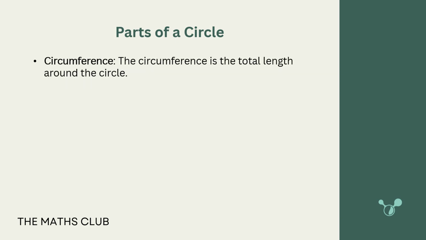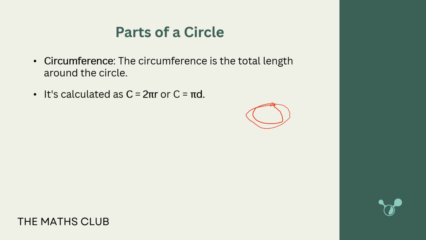Next thing we need to notice is the circumference. What does circumference mean? Circumference is just saying you are going all around the circle. So circumference is total length around the circle. If this is my circle, and I start from here and I go round that circle, I've gone round the circumference. So it's total length around the circle.